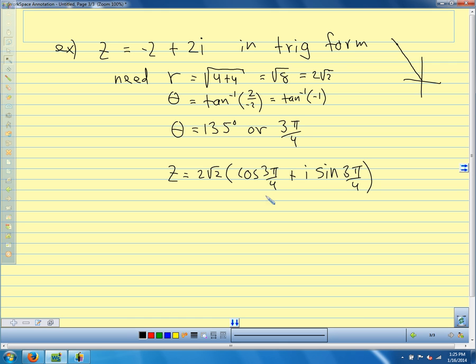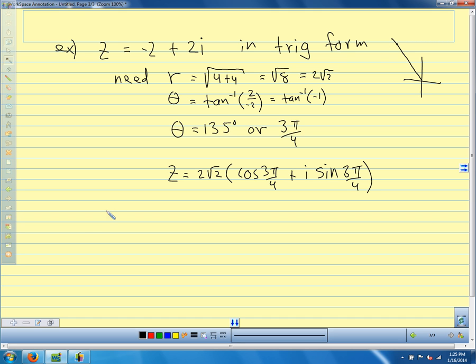What's the benefit of having trig form? We'll talk about that in just a second. All right, questions on that example? So part of what we're doing here is the practice of conversion, and also visualizing where these points are in the complex plane. The benefit is going to come in just a second.